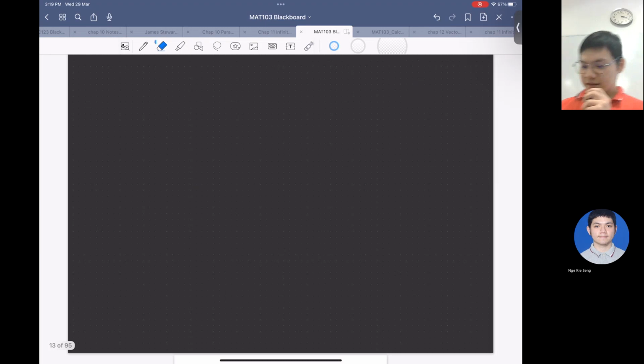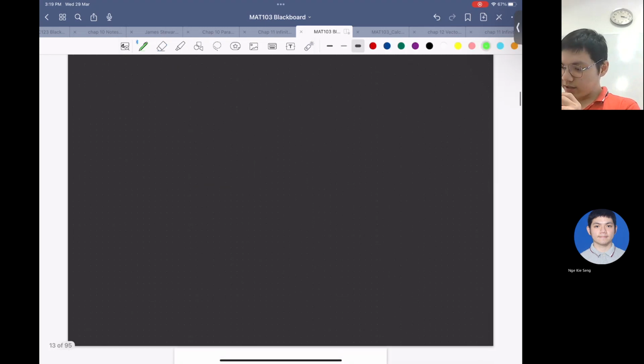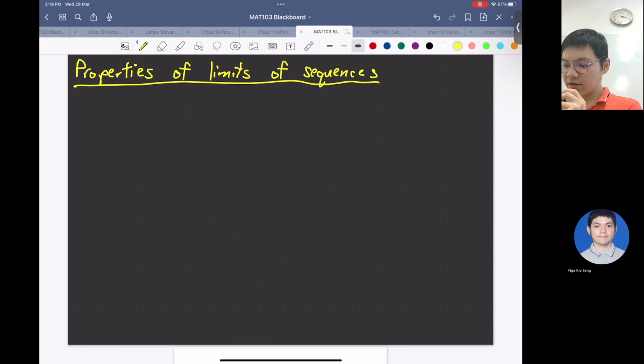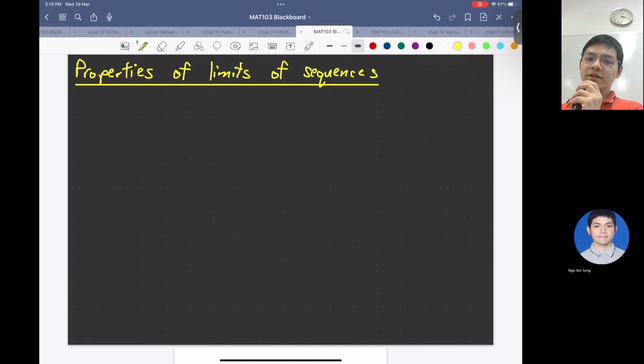Next, we have properties of convergent sequences. If our sequences are converging, then we can look at some linear combination of them, or some combination of them, not just linear.